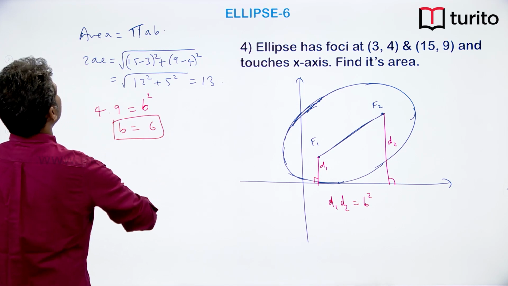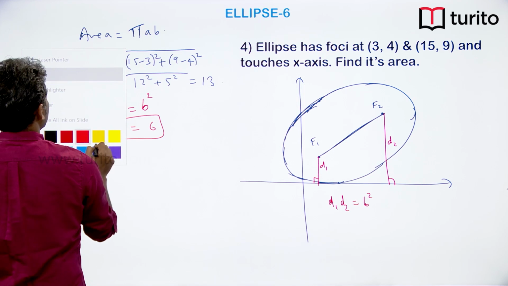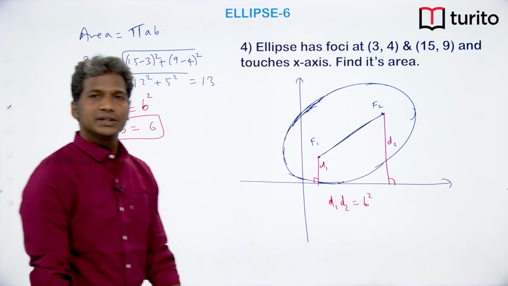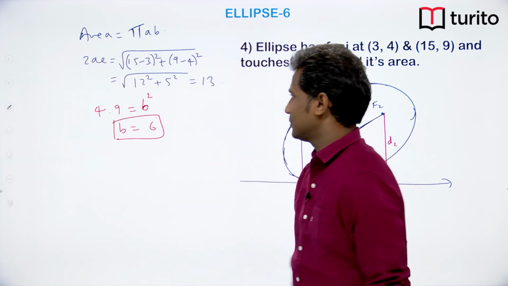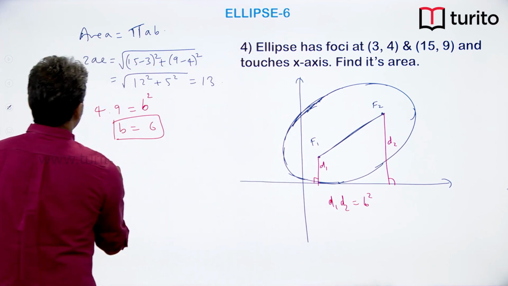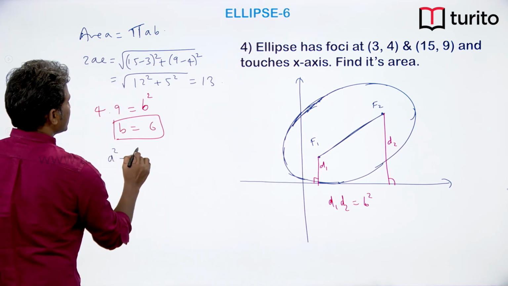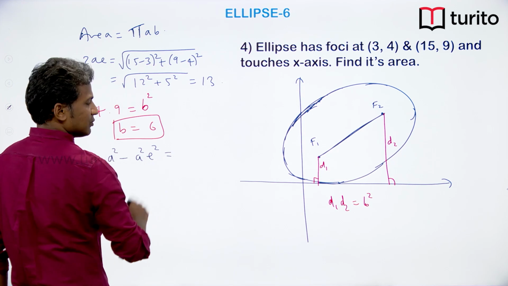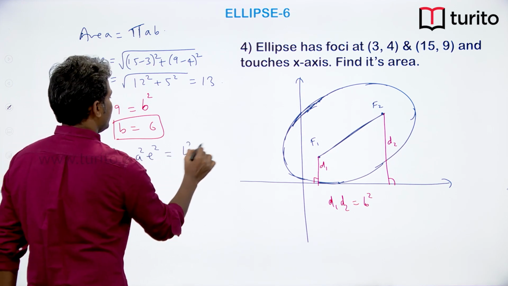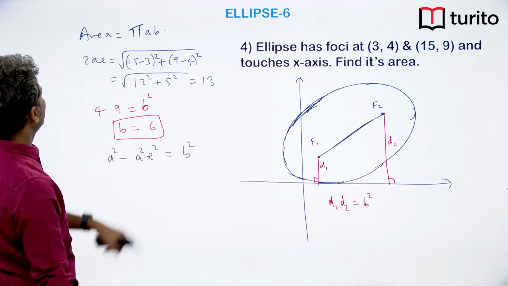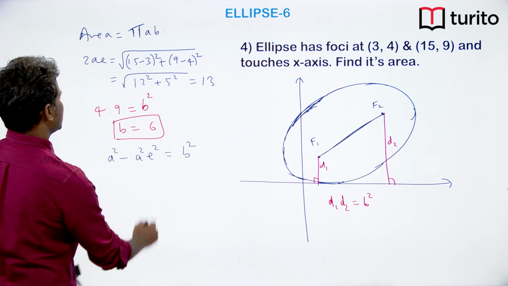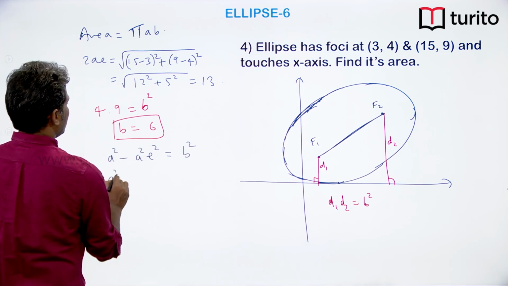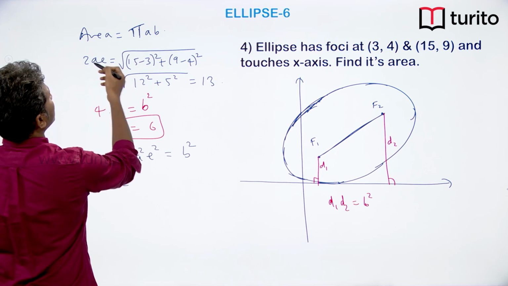So we got b here, and we got a into e here. Can we not derive the other unknowns? Of course, now we can derive it, because we know that a square minus a square into e square is going to be b square. We have b square to be 36 here, and we have a square e square also directly from here.